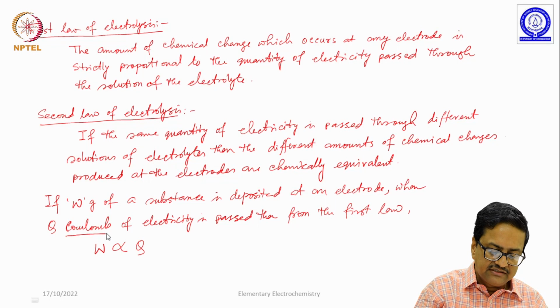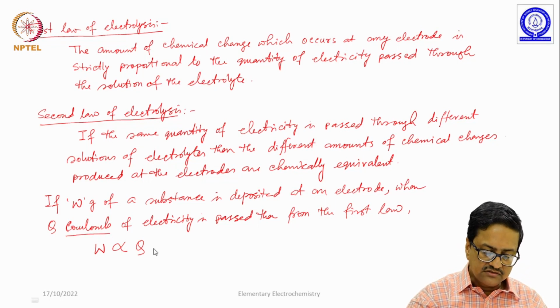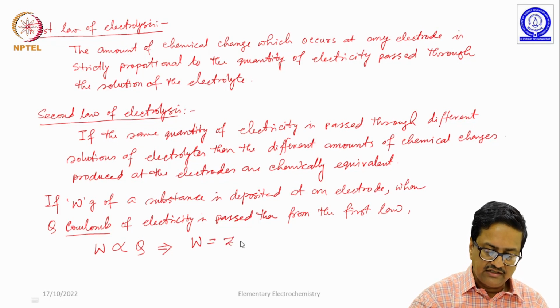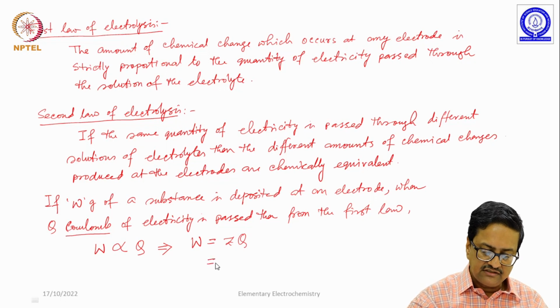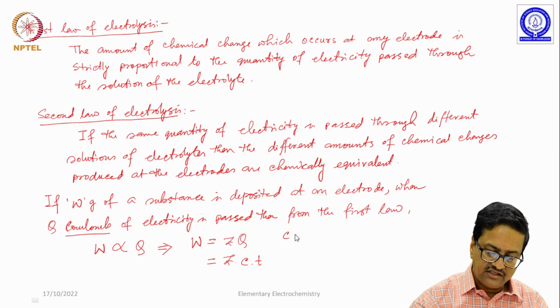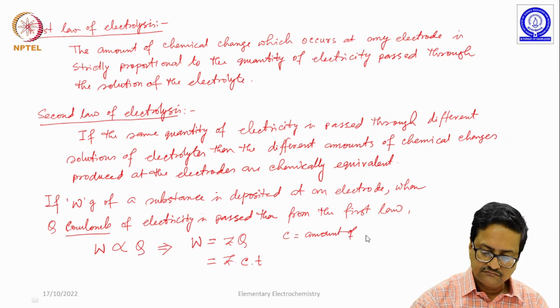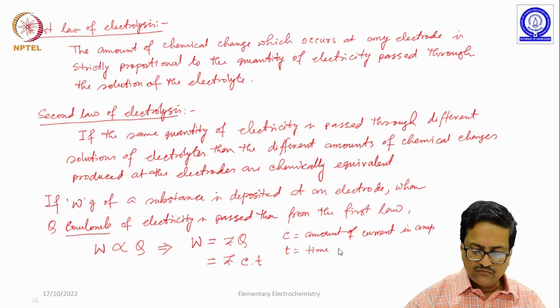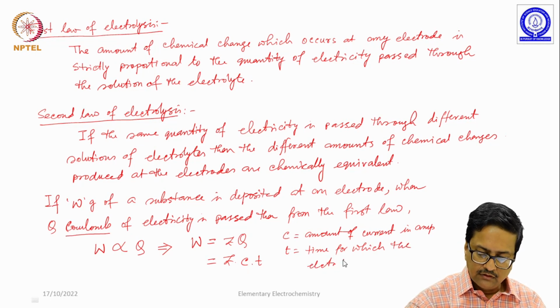You see, the unit of electricity is coulomb. So this essentially indicates that W can be equated to Z into Q, and simultaneously this Z into Q can be written as C into T, where C is the amount of current in ampere unit, and T is the time for which the electricity is passed.